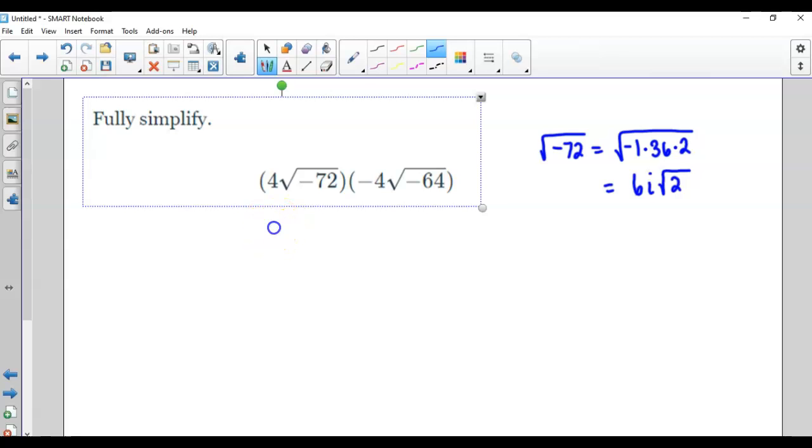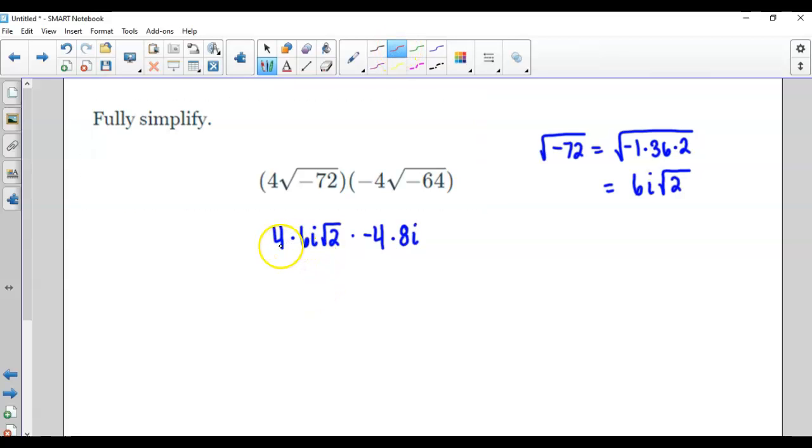So I would have 4 times 6i square root of 2, because we just broke down that -72 there. Then that would be multiplied by my -4, and then the square root of 64 is 8, but because we have that negative with it, we need to have 8i. And so we've got to multiply all this stuff that's on the outside of the square root together.